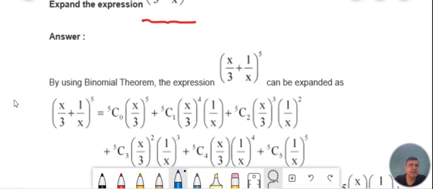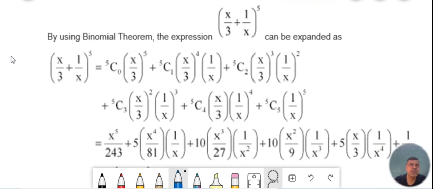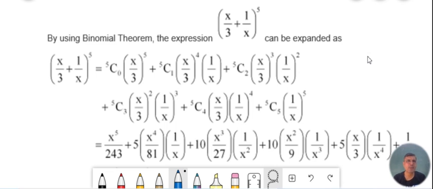Same formula, same thing we will apply. Once again, 5C0, then 5C1, 5C2, 5C3, 5C4, 5C5. Fortunately, once again I have a 5 over here.